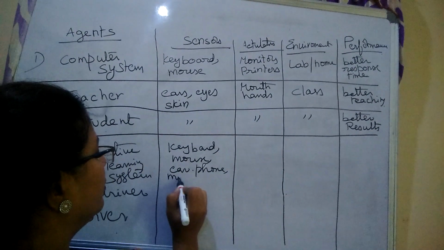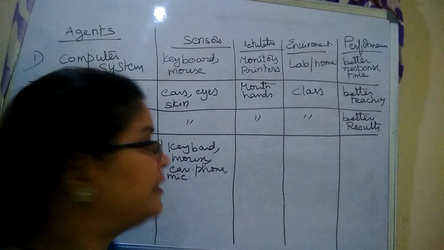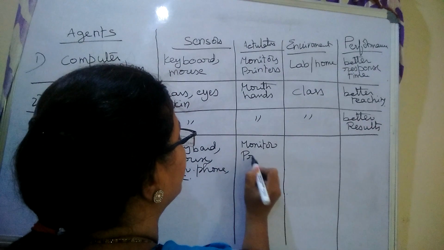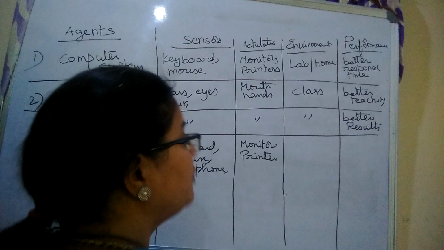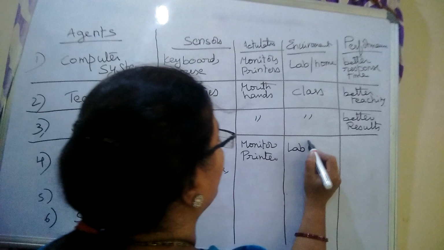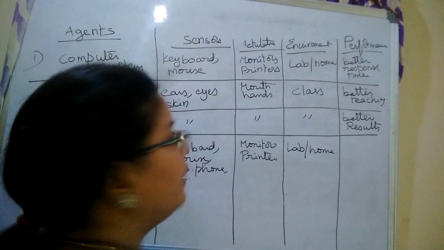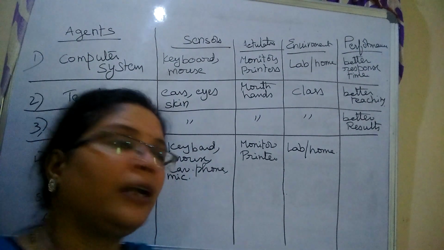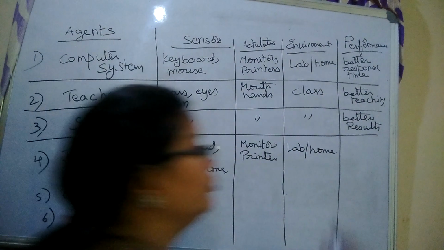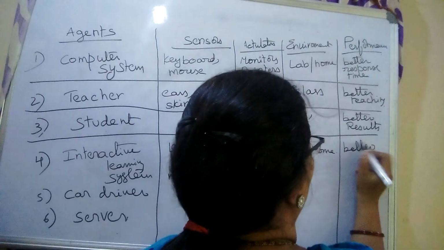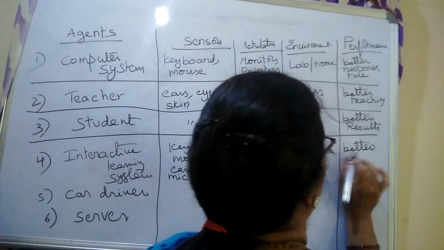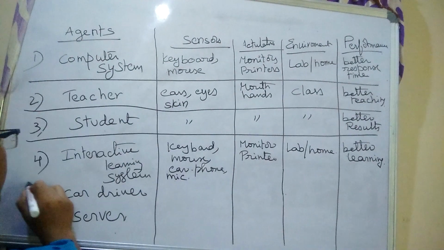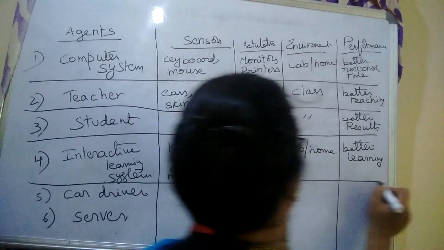So, what are the actuators? It generates its output through monitor, printer. So, in which environment? We can learn in our home or a lab. What is the performance of an interactive learning system? If we learn well, that interactive learning system is good. So, performance is better understanding or better learning.